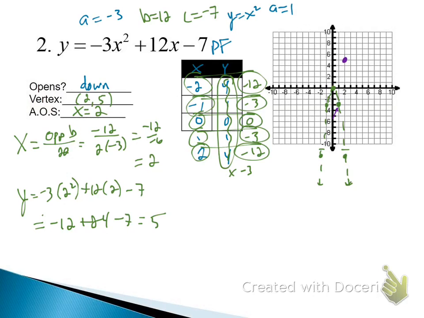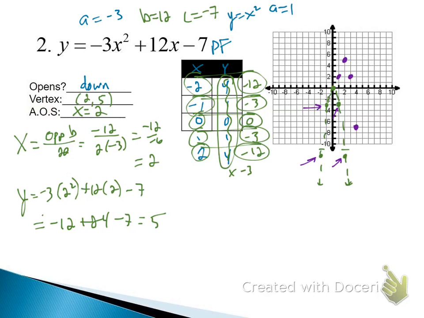So this point right here is going to go right 2, up 1, 2, 3, 4, 5, and end up there. This point right here is going to go right 1, 2, and up 1, 2, 3, 4, 5, and end up right here. This point right here is going to go right 1, 2, and go up 1, 2, 3, 4, 5, and end up right here.